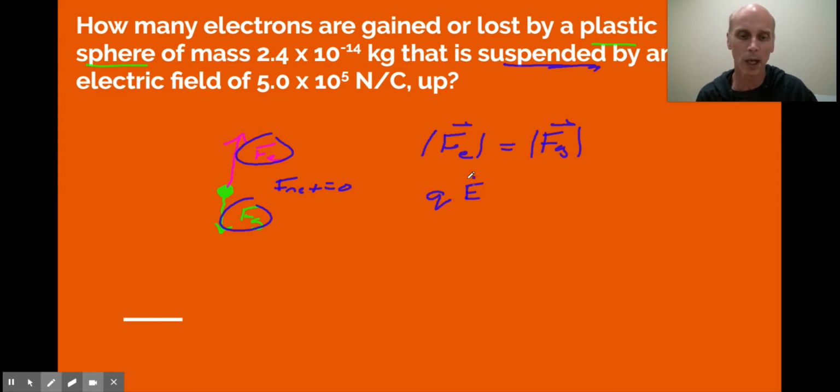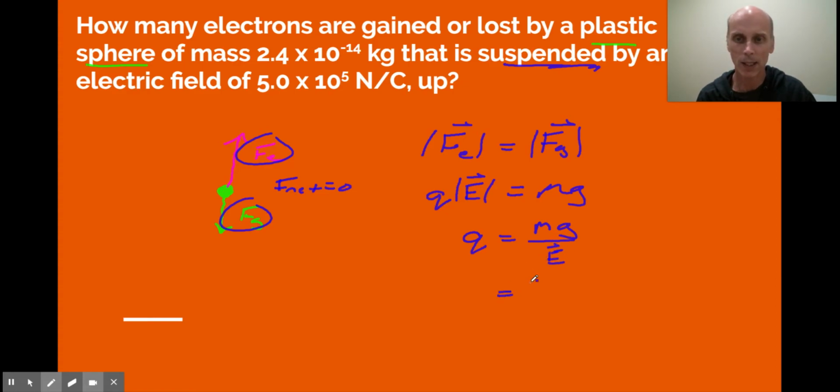So the Q times the E is equal to the M times the G. And again, as long as we just look at the magnitudes of these things, we should be good. If we rearrange first, the charge should be mass times the gravitational constant divided by the electric field.